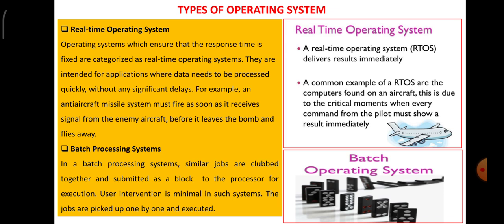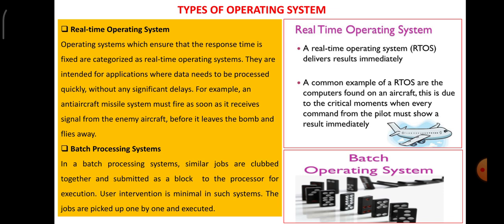And finally, batch processing system. As you can clearly see, a picture is given to you, a dice is given. So batch processing will process as a batch, one at a time. As you can see, those dice are rolled out. After one falls, that is, one job is done, it goes to the next one, and after that process is done, it will move on to the final one.